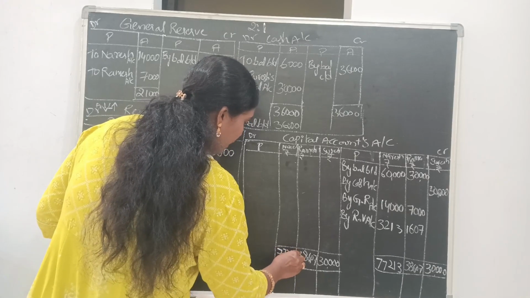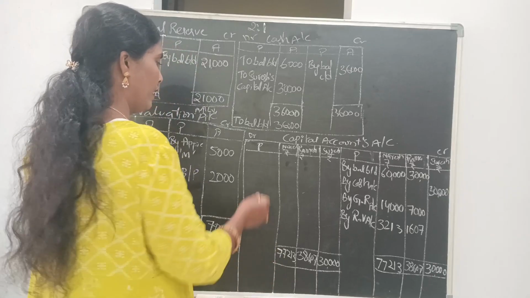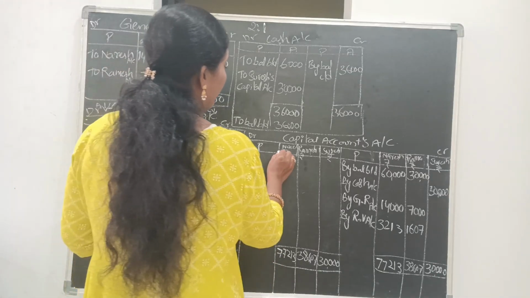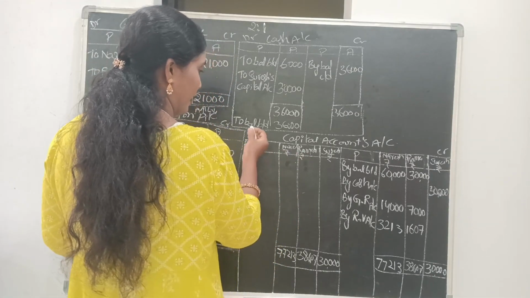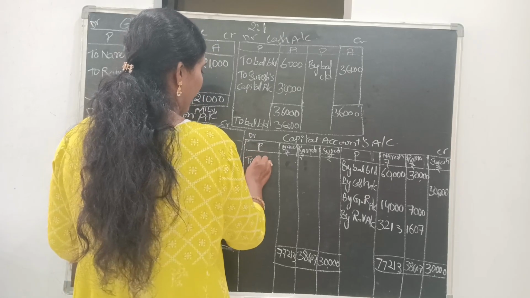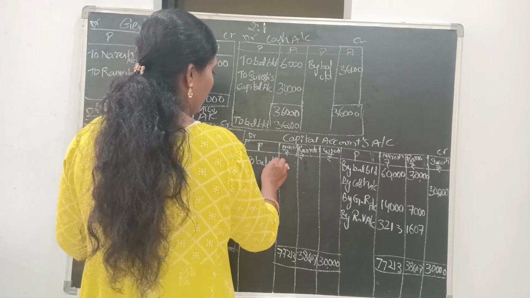There is nothing to post on the debit side, so simply write down balance carry down.